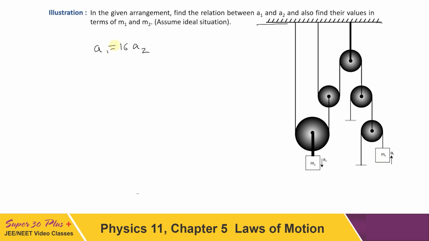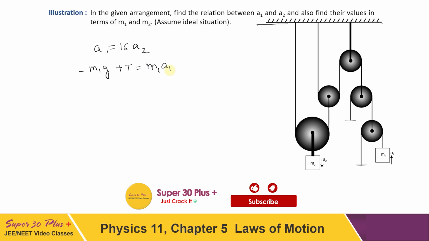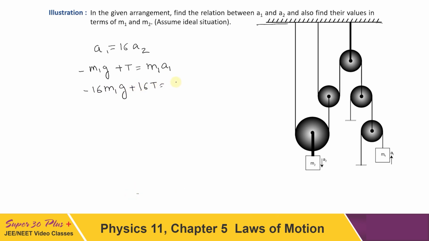Now from Newton's second law we can write minus m1g plus T is equal to m1a1, because it is moving in upward direction, so we are writing the equation in upward direction. If we multiply this by 16, we will get minus 16 m1g plus 16T is equal to 16 m1 a1.